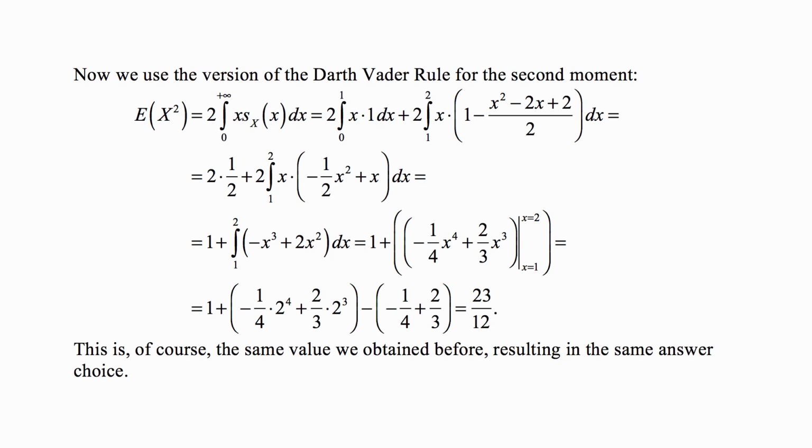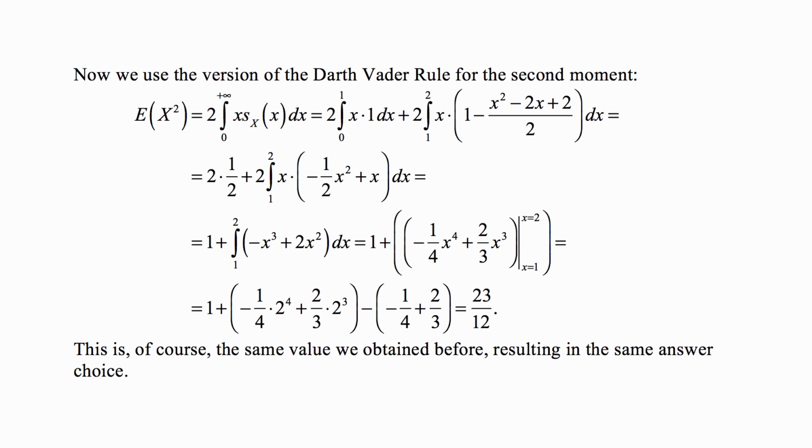Plus 2 times the integral of the second function, and 2 times 1/2 is 1, plus the integral from 1 to 2 of, if you multiply it out, minus x cubed plus 2x squared.